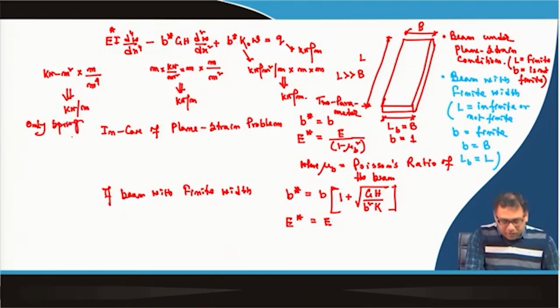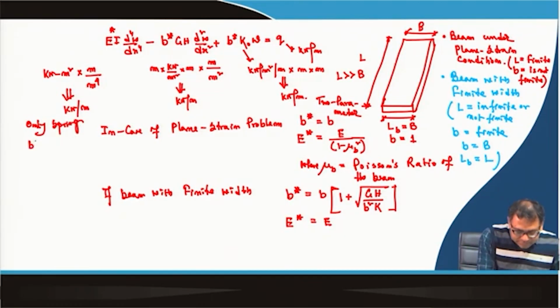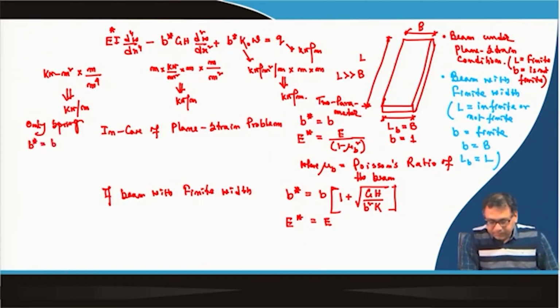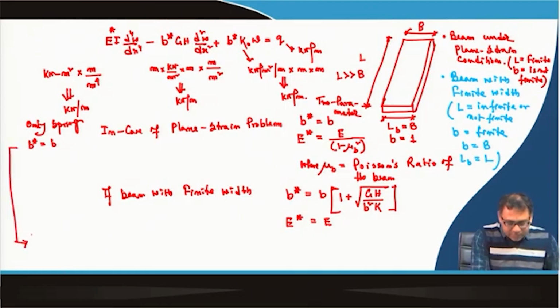So, this case also the B star will be equal to B. Okay. And if your spring problem is there, so in that case your expression will be, I am just first writing the expression. If it is only spring, then the expression will be E star I d4 w dx4.